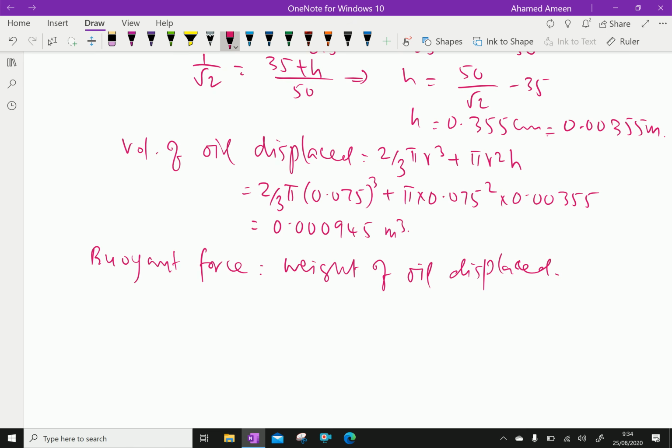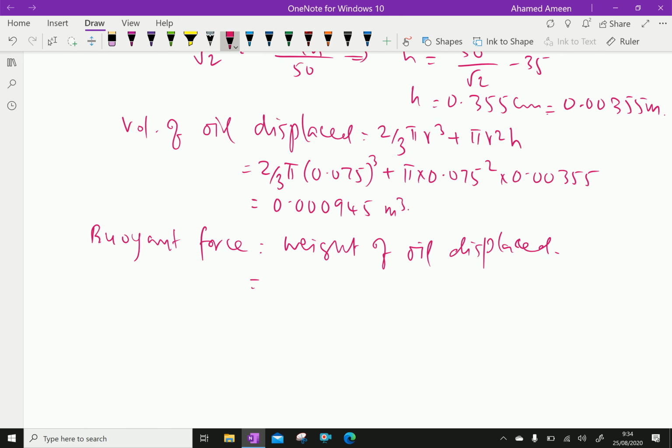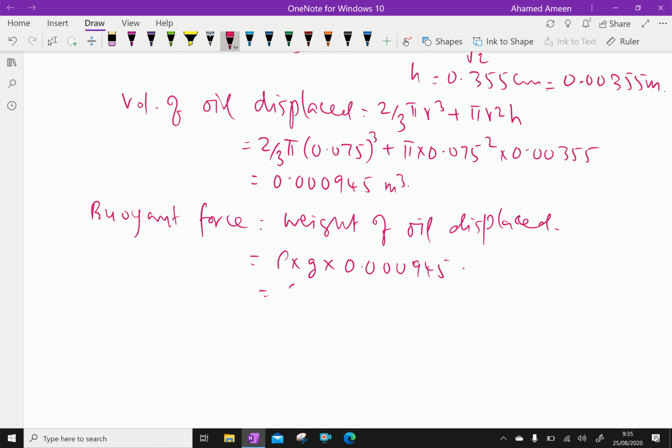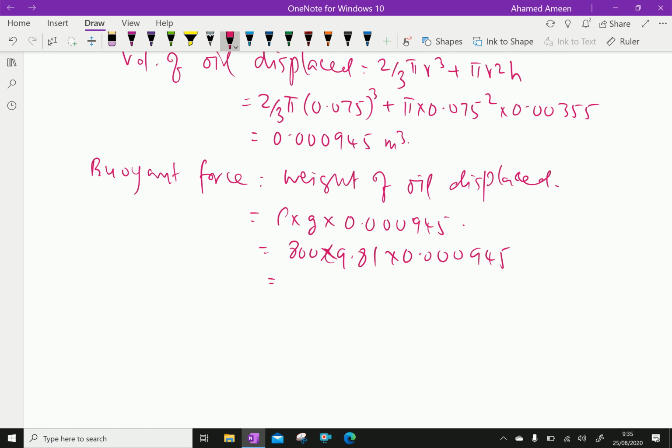Here, volume of oil displaced is given, that is rho g into volume: 800, because rho is 800, 9.81, 0.000945, which is equal to 7.416 Newton.